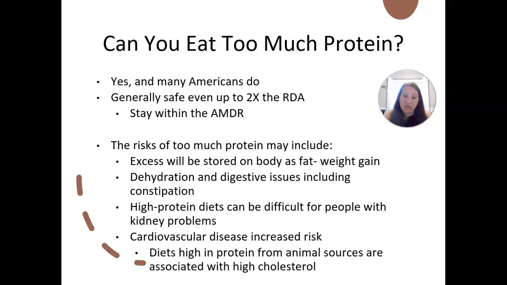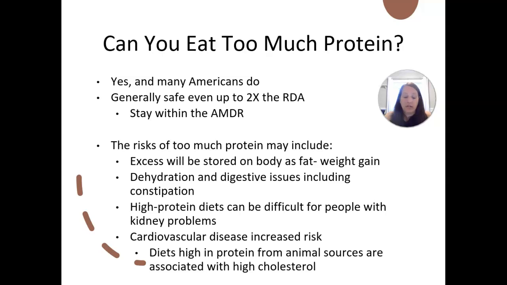People with certain medical conditions like kidney problems can find high protein diets really difficult. And it has also been shown, and this is nuanced, that animal sources of protein also tend to be higher in saturated fat and cholesterol.